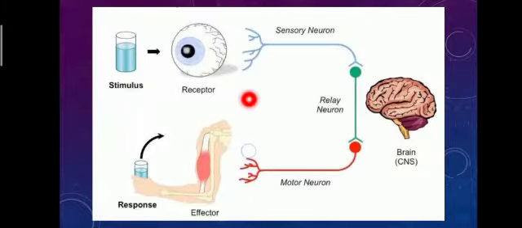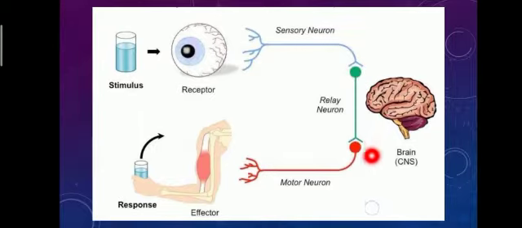So let us see one example. You want to drink water. You saw a glass of water placed on a table. You received that impulse through your eyes. You saw the water which is kept, that is the stimuli which you are getting. After that, your eyes send the message to the brain that the glass is kept on the table.